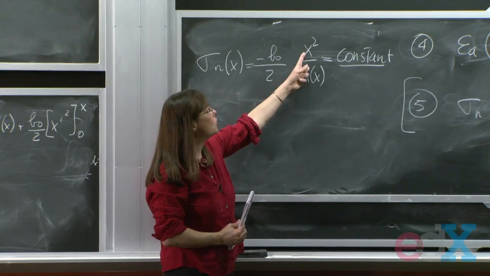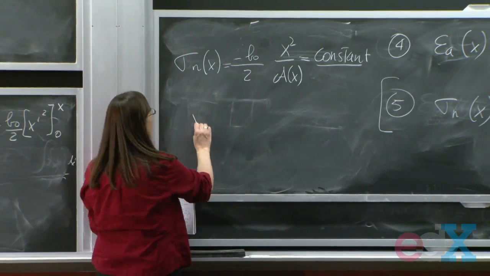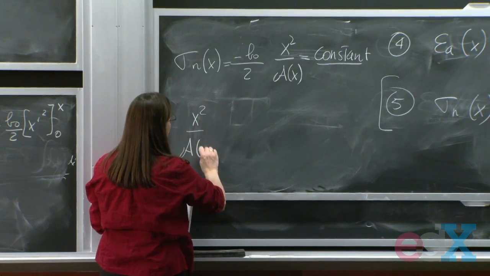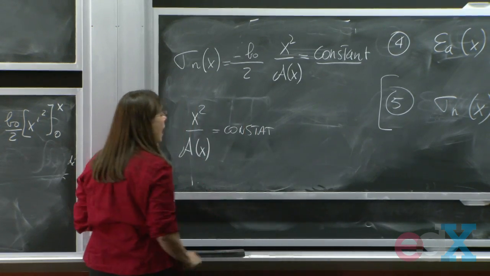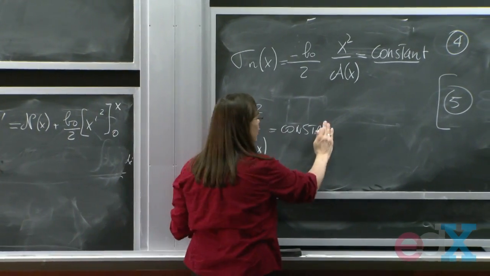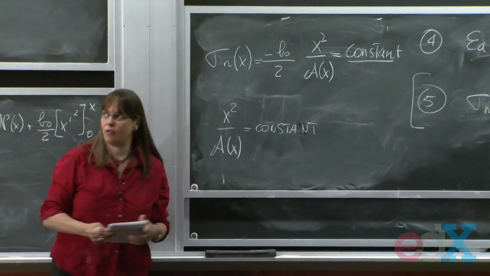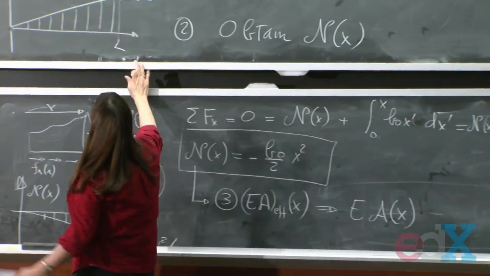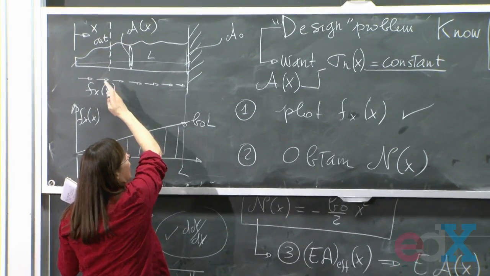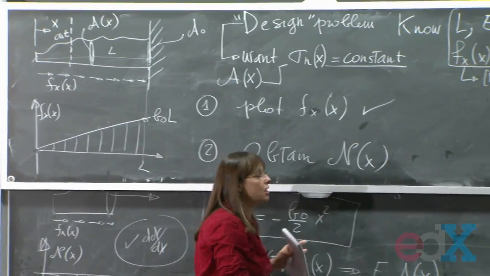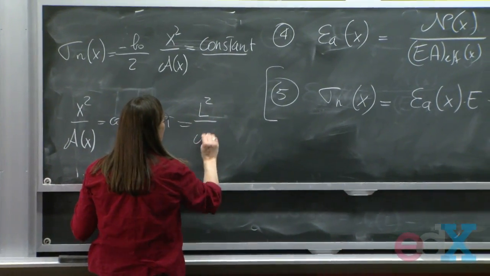It means that x squared over A of x must be constant. I know how much constant it is. I know how much x squared over A of x is right here, because right here, the bar has x at L, and the cross-section is A0. So this must be equal to L squared over A0.